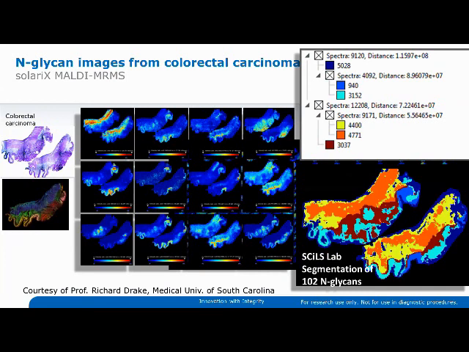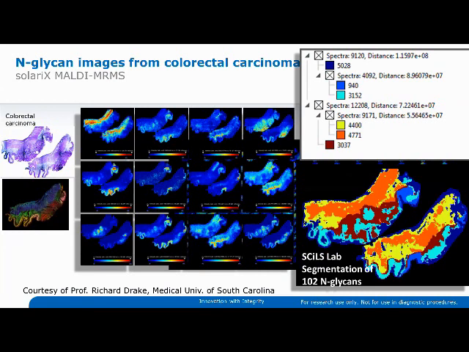We can take those spectra and submit them to a clustering algorithm, which looks at degrees of similarity, and maps out each region of the sample. The color in this particular segmentation map is not a specific m/z, but a specific degree of similarity. So you can see how the similarity of those molecular signatures mimics quite well the histology of the sample.